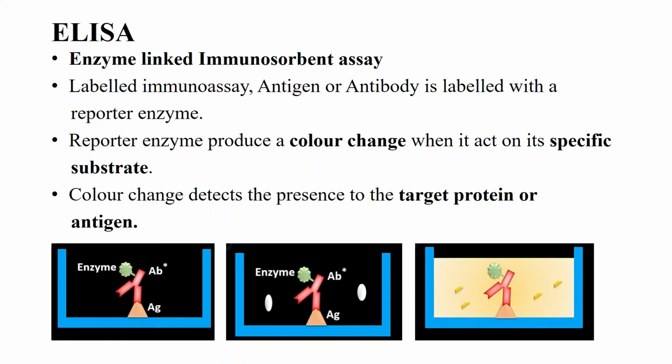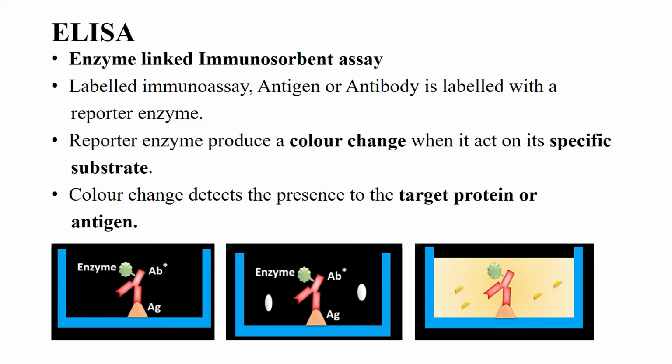ELISA stands for enzyme-linked immunosorbent assay. ELISA is a labeled immunoassay where the antigen or antibody is labeled with a reporter enzyme. This reporter enzyme will produce a color change when the enzyme reacts with a specific substrate.